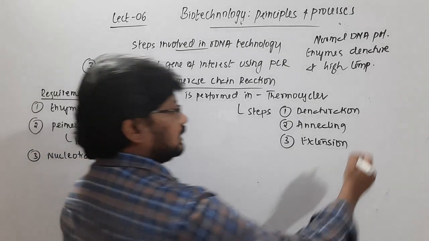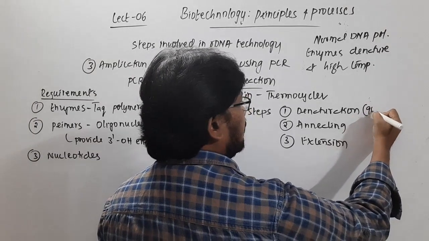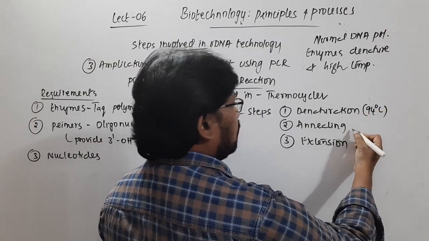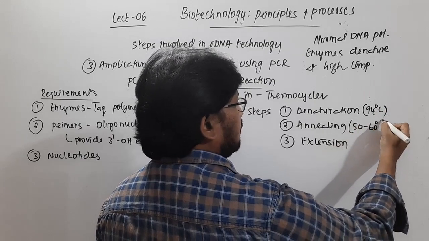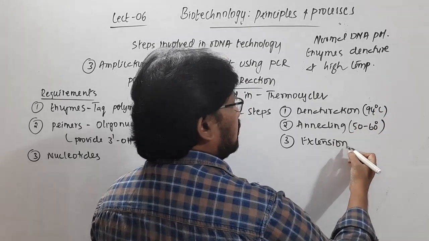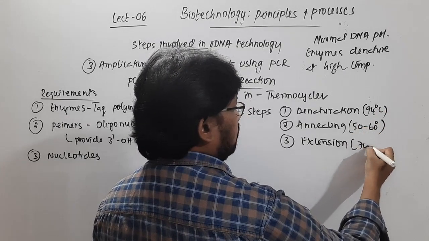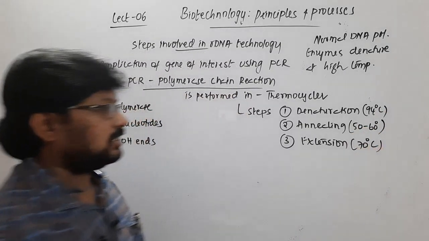Denaturation occurs at 94 degrees Celsius, whereas annealing occurs around 50 to 60 degrees Celsius, and then extension may take place at 70 degrees Celsius.